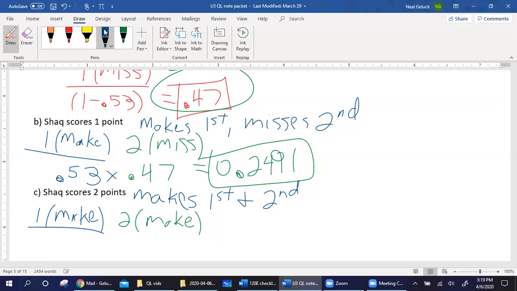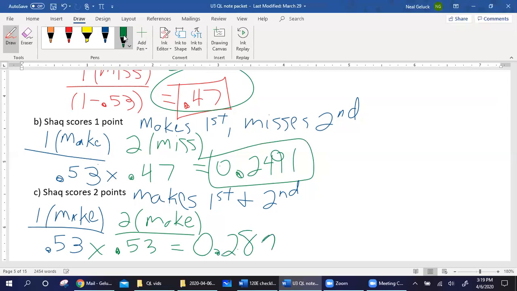So Shaq has a 0.53 chance of making the first shot. He also has a 0.53 chance of making the second shot. I'm going to multiply those together, and that will give me 0.2809. Oh, pen's not working very well. Let's try that again. 0.2809. There we go.